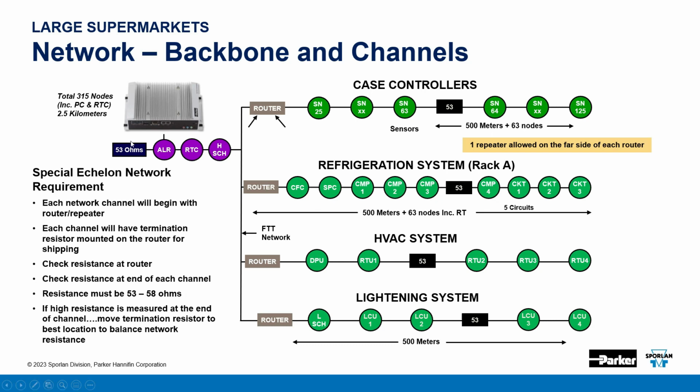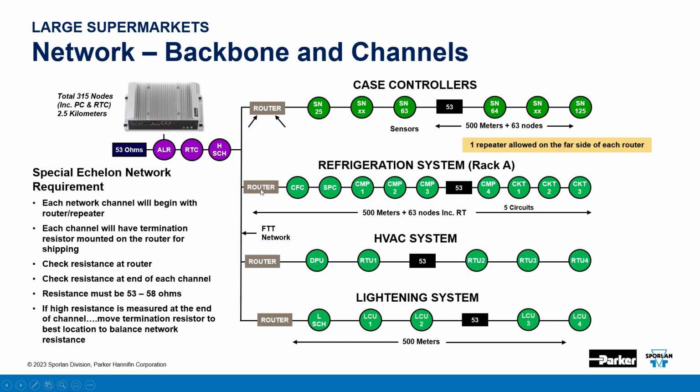So here's a basic example of a network. The backbone would be the Windows 10 industrial computer, an alarm node, real-time clock, and 2 schedulers. You then break the store or facility down into channels. If it is a large facility, it's a good idea to start with a router, and then you can simply have the channel contain anywhere from 50 to 64 nodes.